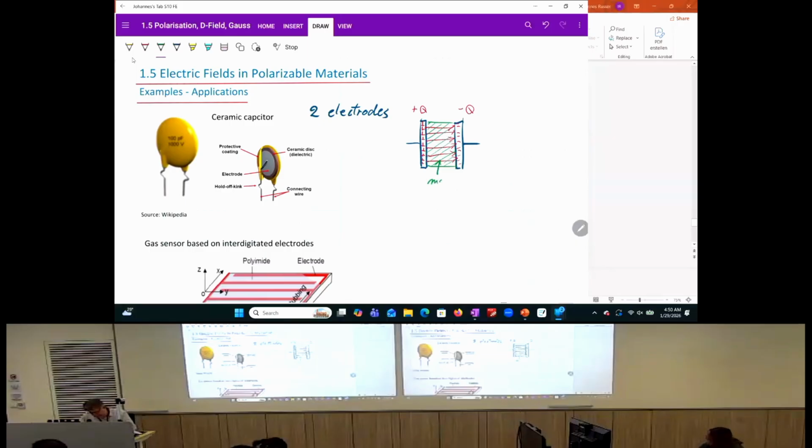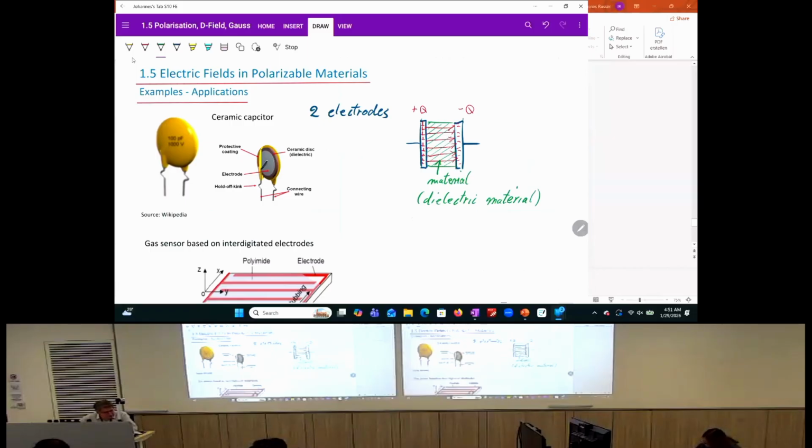Even just to keep the plates at a distance, you need some material in there. But this material is a dielectric material. So it is not conducting, but it can be polarizable. And what advantage does it have? It basically enhances the capacitor's capability to store energy.